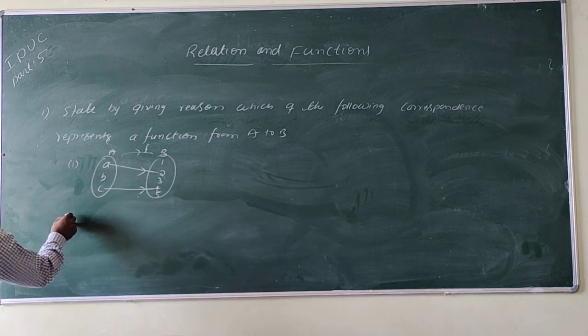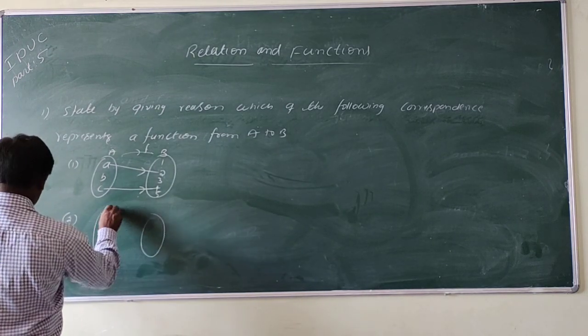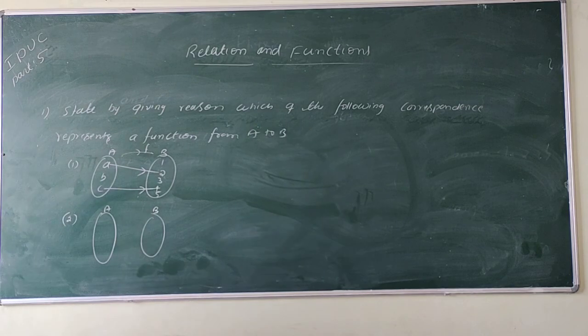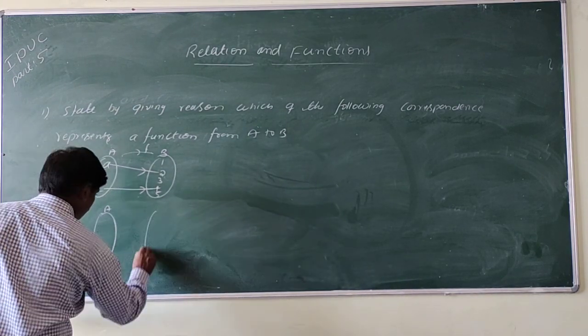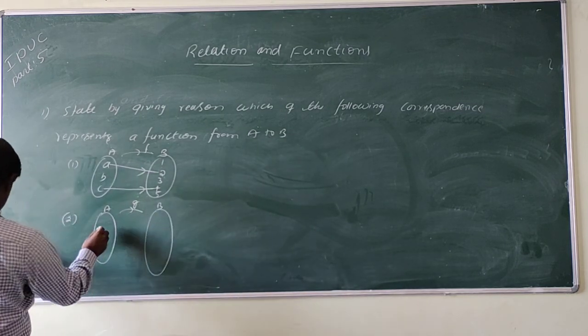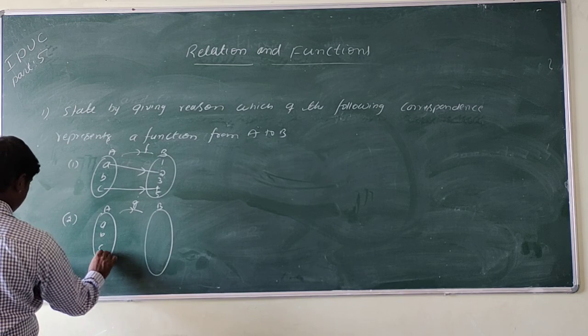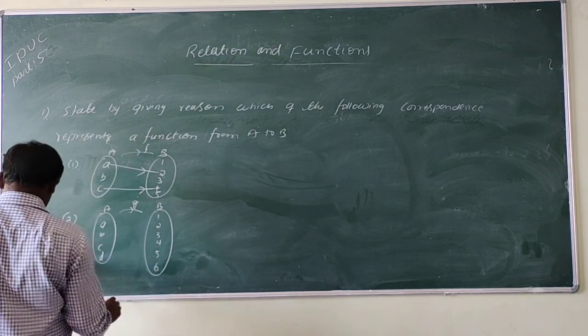Second one, this is G: A, B, C, D, and 1, 2, 3, 4, 5, 6.